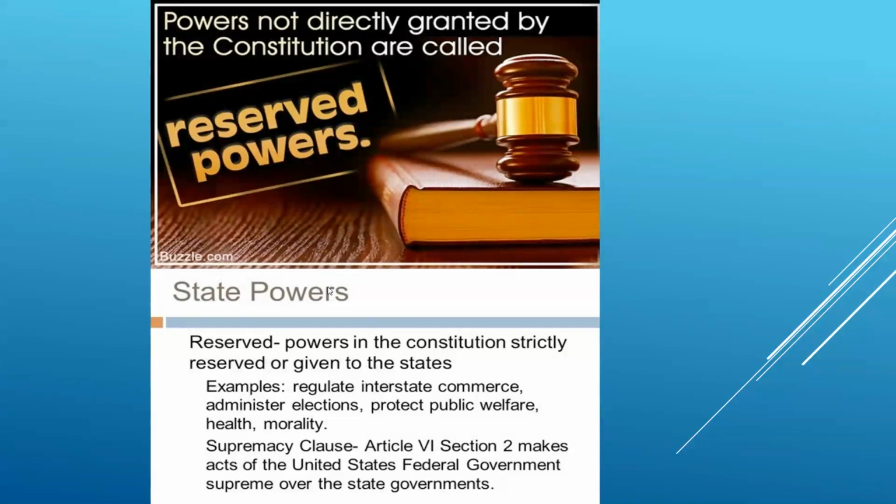Examples of the reserved powers are regulate commerce throughout the one state, administer elections, protect public welfare, health, and morality, and every state has those functions. Think of it as the local level where the national government has control at a national level. So even though there is a presidential election, there are also state elections too.